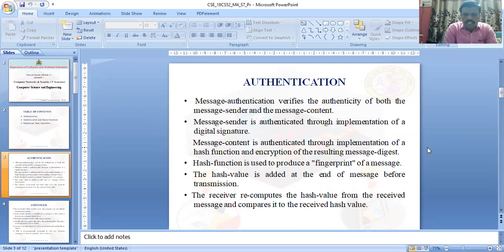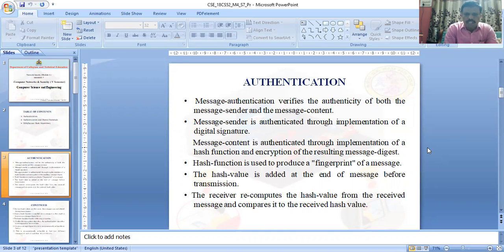The message content is authenticated through the implementation of a hash function and encryption of the resulting message digest. The hash function is used to produce the fingerprint of the message. The hash value is added at the end of the message before transmission.